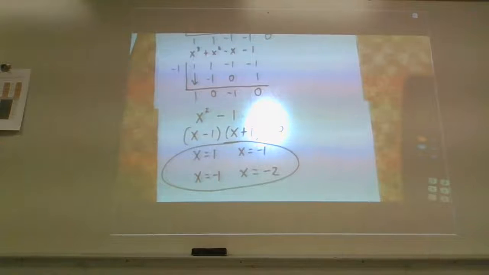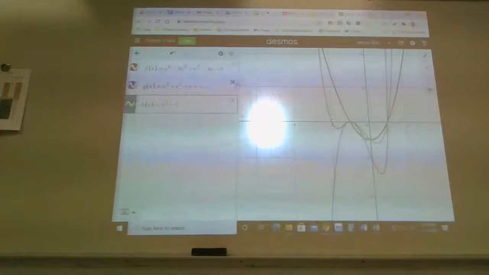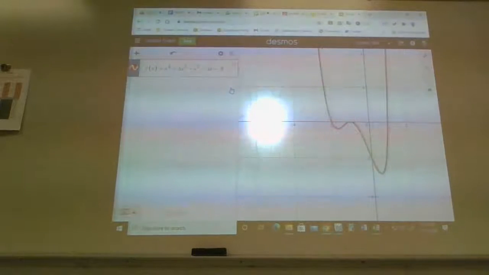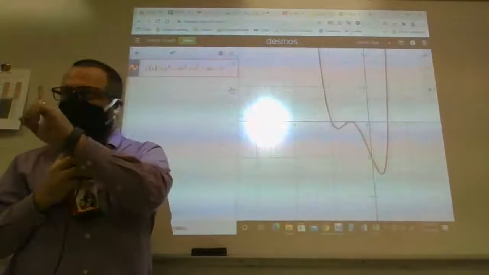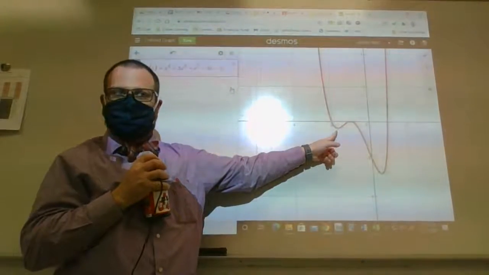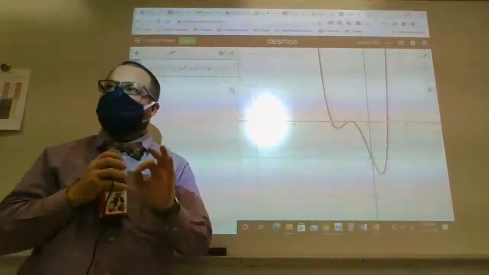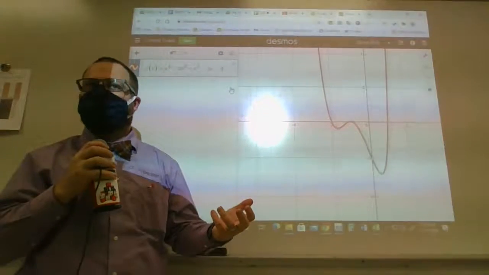Something happens here. See, the thing is, there is a very specific definition when it comes to polynomials. And it has to do with these things called turning points. A turning point is when a graph changes its vertical direction.